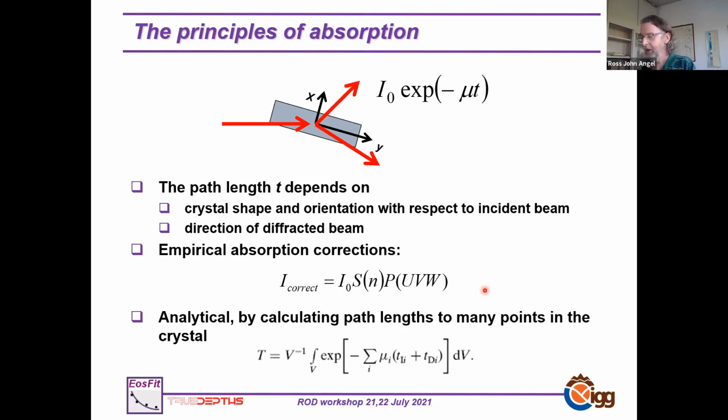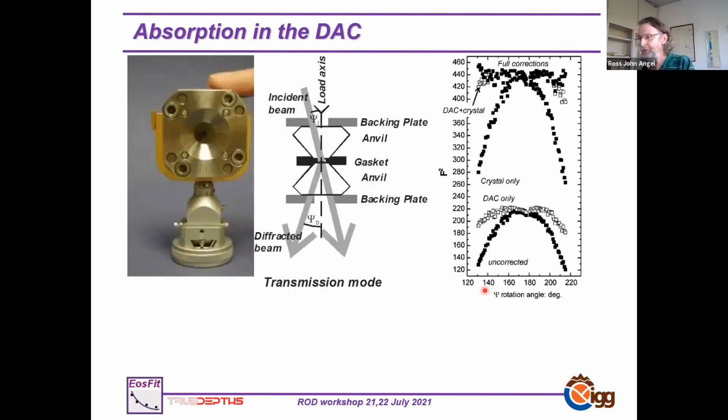So how bad is the absorption? Here's our cell again, and if I can get you to look at this bottom set of data, I collected the same reflection by rotating it in such a way that I could change the path of the incident and diffracted beam through the cell. Just to confuse you, for those of you who know about these things, this is called a psi scan.